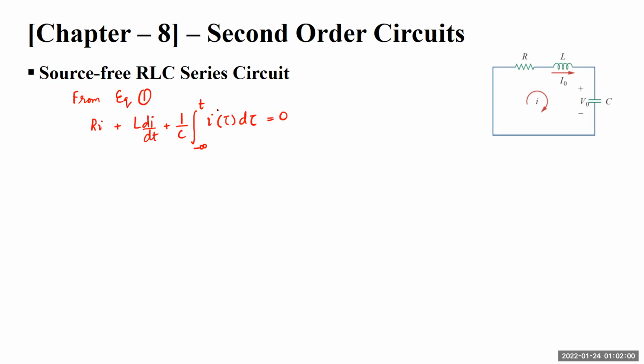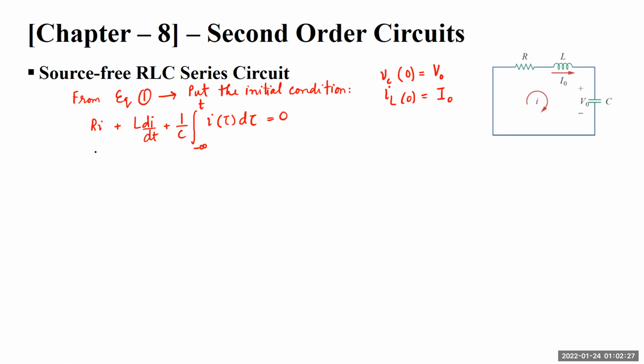From equation 1, we just put the initial conditions here. Our initial conditions, again remembering, VC 0 negative was equal to V naught, and IL 0 negative was I naught.